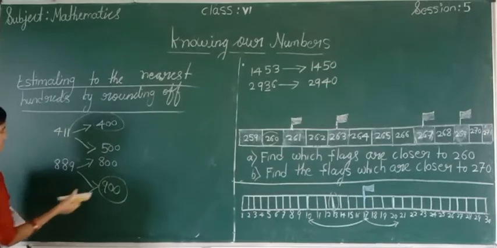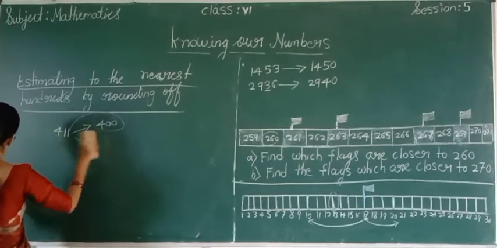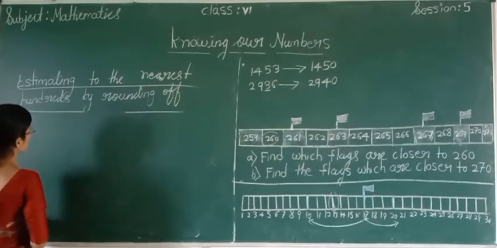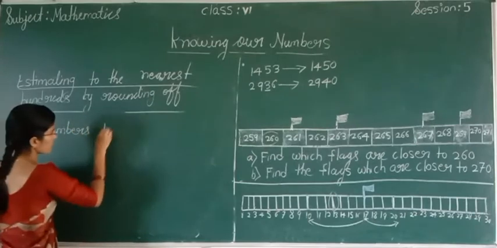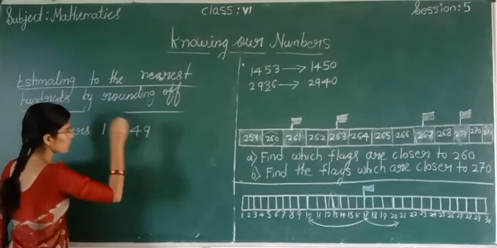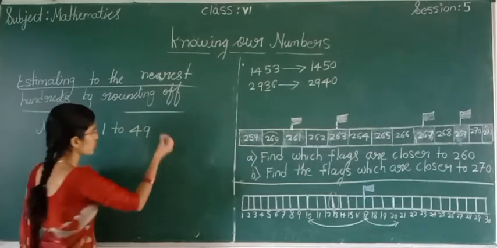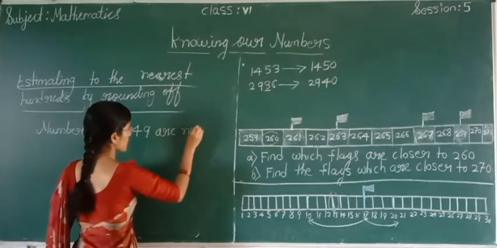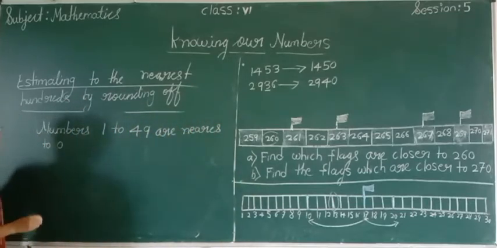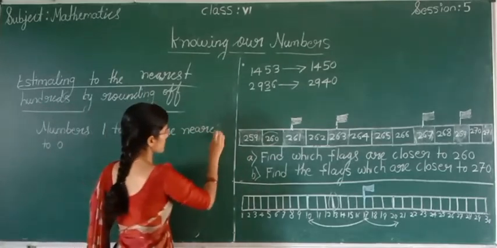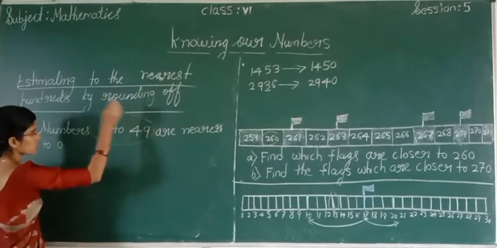Now see here, students, numbers 1 to 49 are nearer to what? 1 to 49 are nearer to 0. Yes or no? So we estimate these numbers to 0.